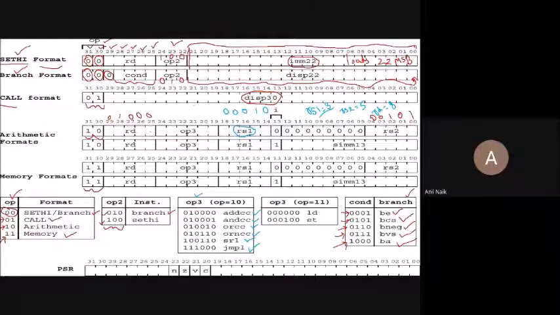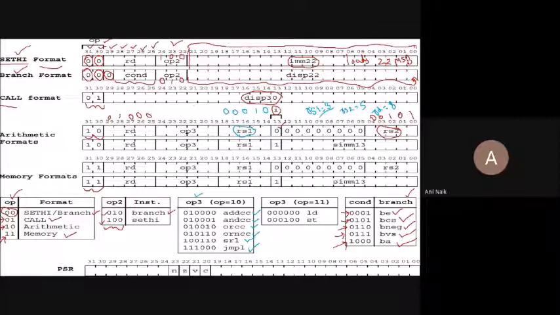And one more important thing is the 13th bit. If the 13th bit is 0, it indicates that in the addition operation we are using data from 2 registers.